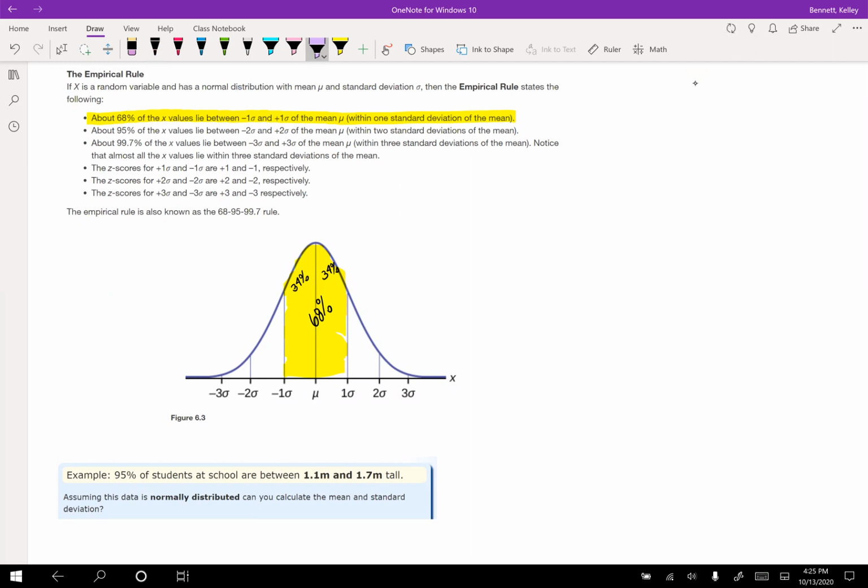We also have that 95% of the x values are within two standard deviations of the mean. So what that means is that from the mean, I can go up 2 standard deviations, or I can go down 2 standard deviations. And the area of this region is going to be 95%.